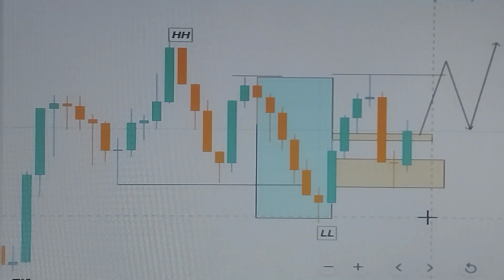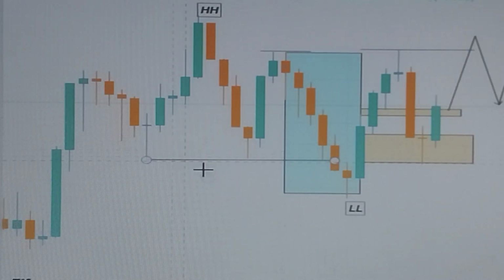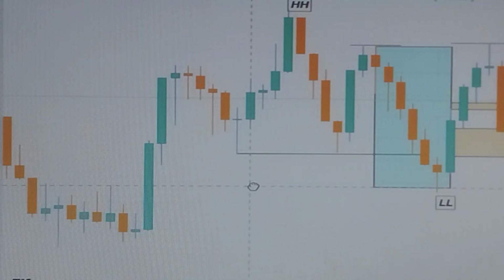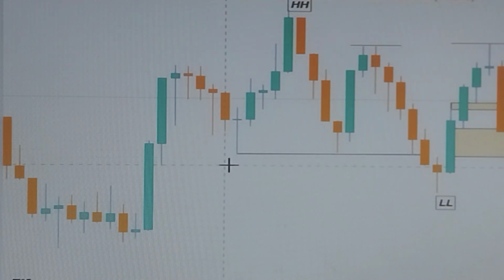The reason I'm saying we had a sell side delivery is because the market had to come to this sell side liquidity that you see below here. But since the market came to this liquidity, there was some sort of efficiency down there.